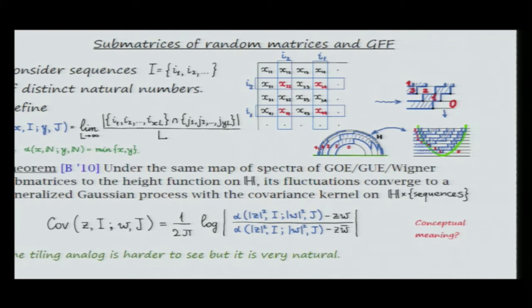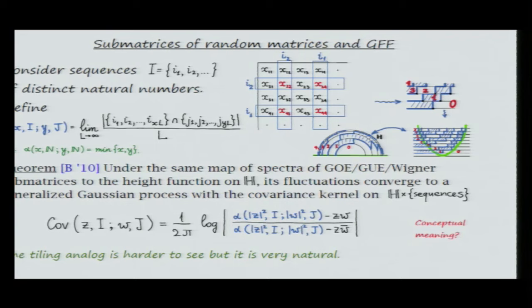And so if my matrix was a Wigner matrix, so the matrix elements were independent, then if I cut rows and columns, it's still a Wigner matrix. Right? And so with that matrix, I can play the same game. I can take the submatrices 1 by 1, 2 by 2, 3 by 3, and so on. And so that will give me the Gaussian free field structure, just because it's exactly the same as the one that I started with. So picking different subsequences gives me different free fields.